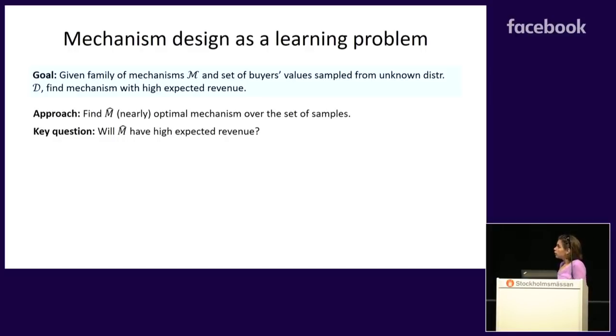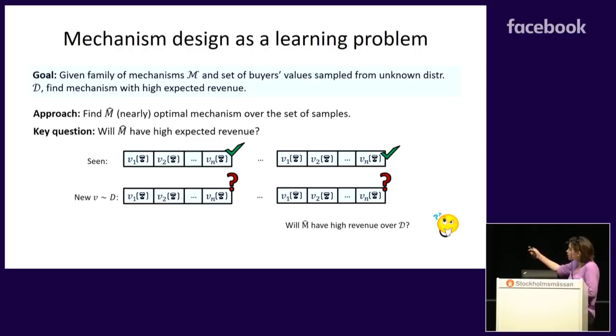So for example, for the case of second price auctions with reserve prices, we know that the mechanism that we picked does well over the training set of examples, and has high revenue on average over the training set, because we've chosen it to do so. But of course, the key question is, will it have high revenue on a new random sample from the same underlying distribution?